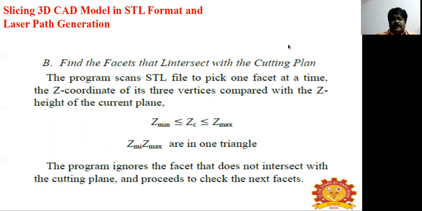The program will scan the STL file and pick one facet at a time. We compare its Z coordinates with the height of the current plane: Z min is less than or equal to ZC, which is less than or equal to Z max. If not, the program will ignore the facet, as it will never intersect with the cutting plane.